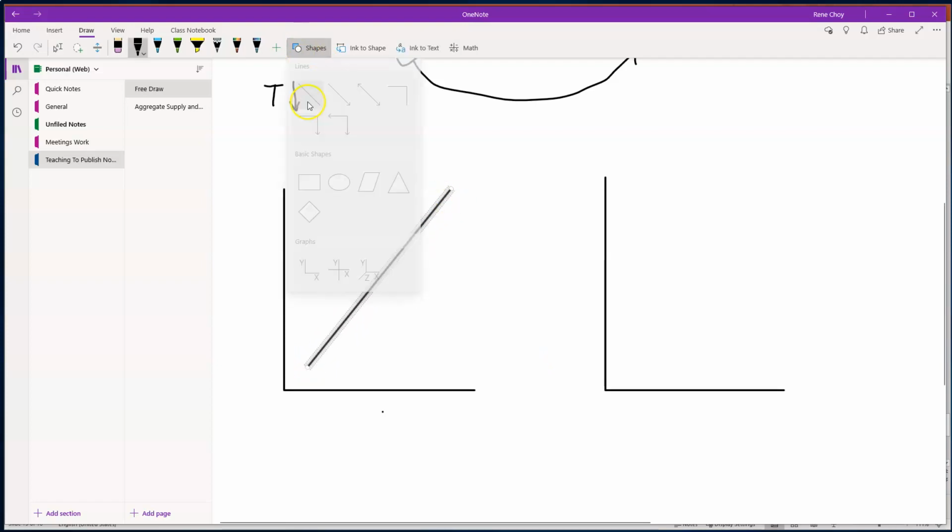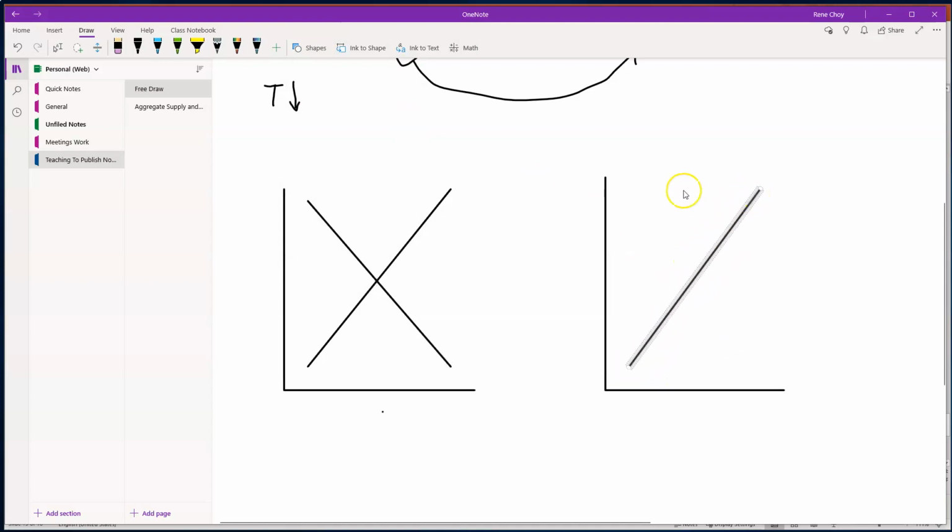All right, so then let me set up my model here. Okay, let me label my axis.